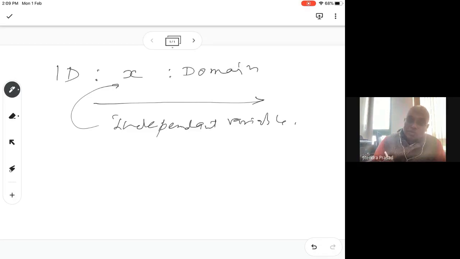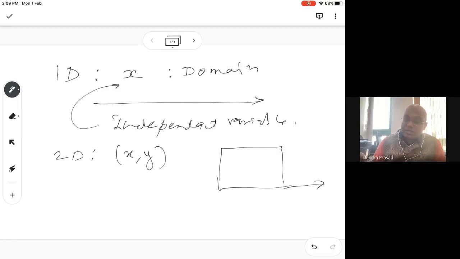2D will have XY, so the domain will have XY. It will be like this: you have X like this, your Y like this, and then you have some dependent variable. For example, temperature will depend on X and Y both. So here it will be different, here different, and different.